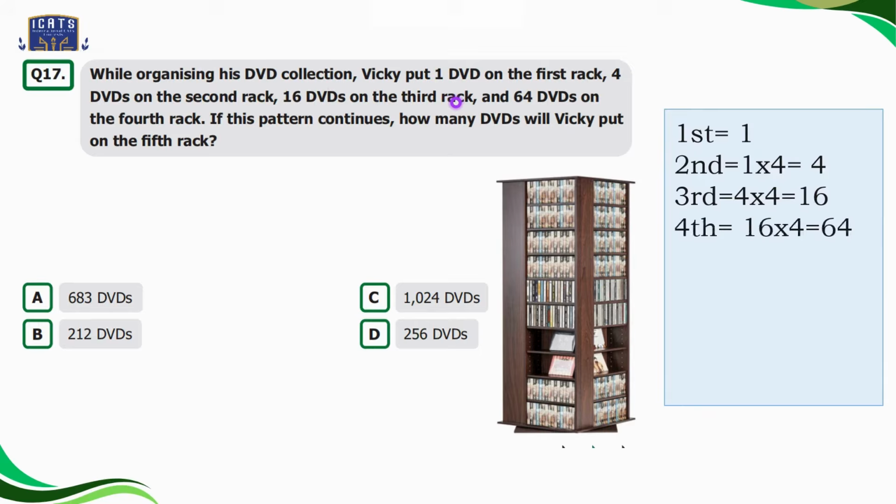And similarly, if we multiply 16 by 4, the answer will be 64, which is equal to the number of DVDs he has kept on the fourth rack. So if we continue the pattern, we will multiply 64 by 4. The answer is equal to 256. So we can say that he has kept 256 DVDs on the fifth rack. That is our option D here.